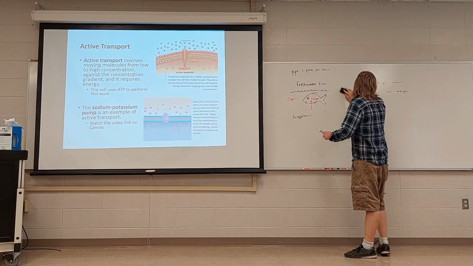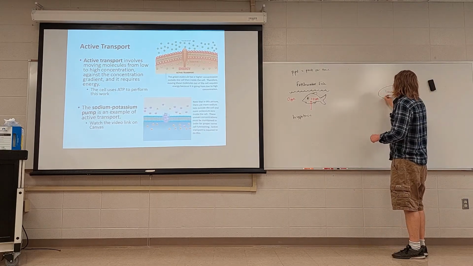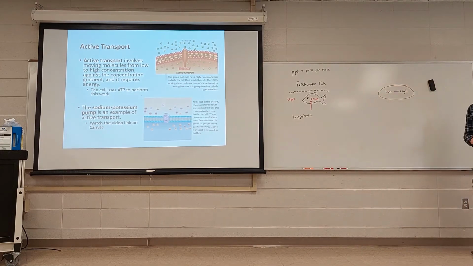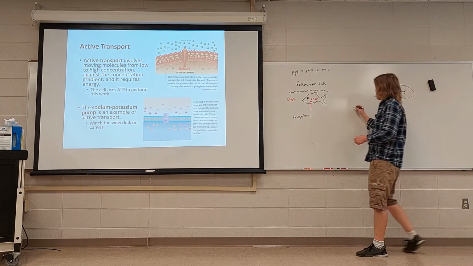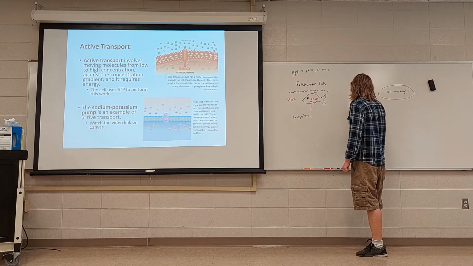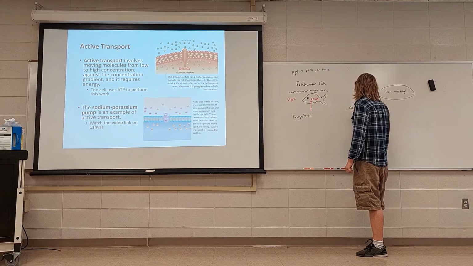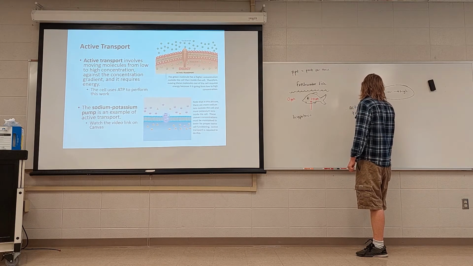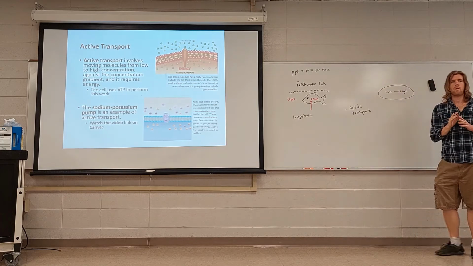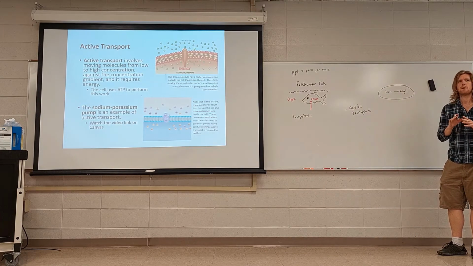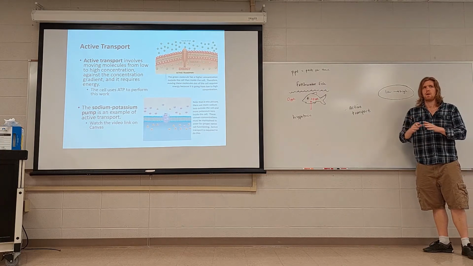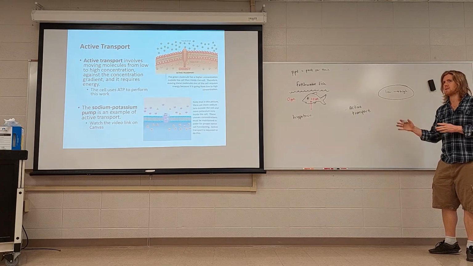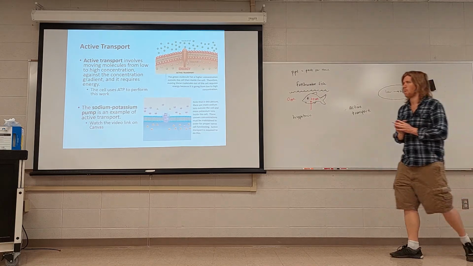So active transport involves molecular movement from low to high concentration. And generally, with active transport, you're going to try and prevent equilibrium from being reached. You want to keep it uneven in terms of one side of a membrane having more than the other.